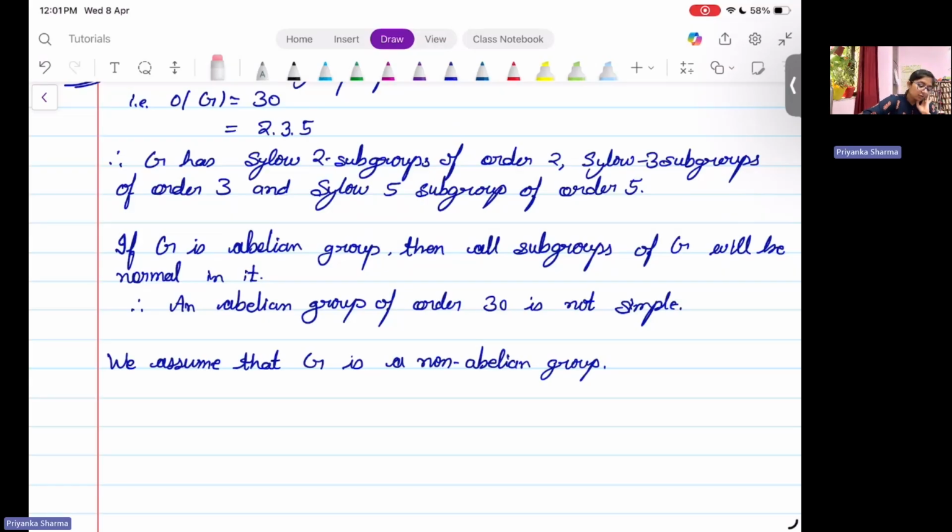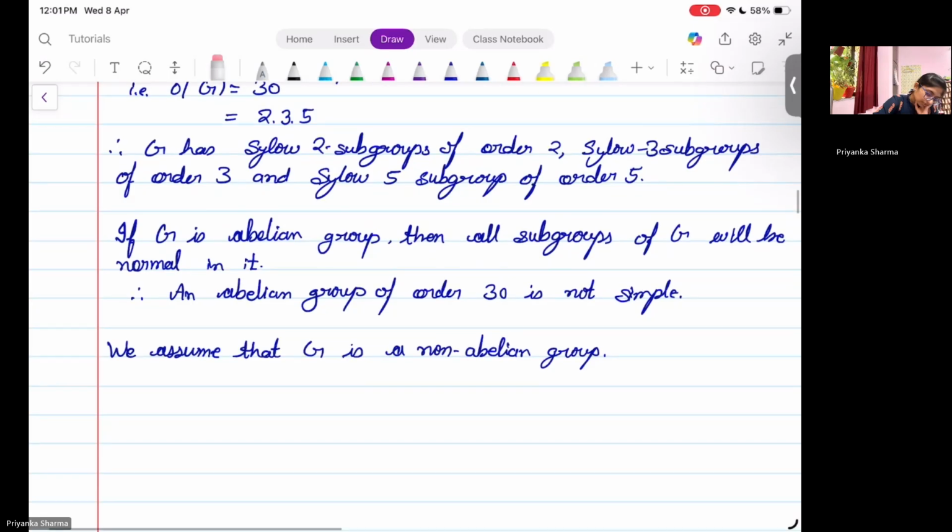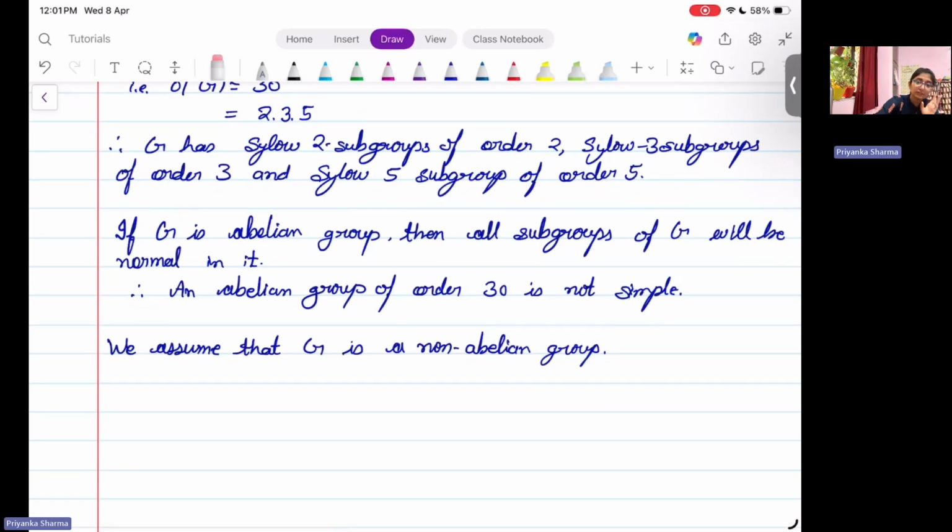We cannot say anything in an easy manner for the Sylow 2 subgroup, because 5 is congruent to 1 modulo 2. That's why we focus on the Sylow 3 subgroup and the Sylow 5 subgroup.